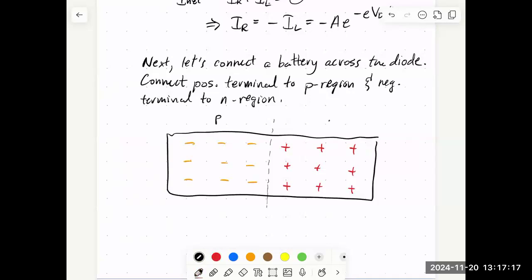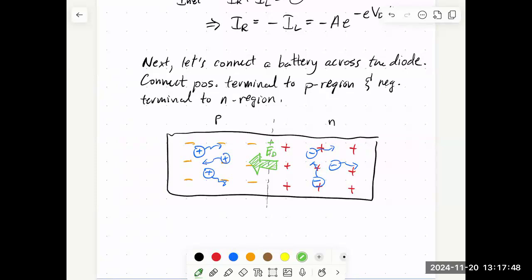Okay, so P and N. And then we have some mobile, I think we used blue, mobile holes in the P region. Okay, I won't draw too many of them. And we have mobile electrons in the N region. And we had our depletion electric field. Okay, so far that's everything we had.